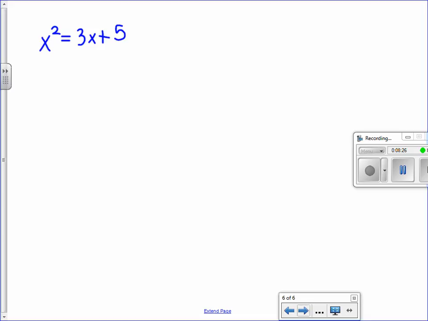So what's different about this one? It doesn't equal 0. They've got to equal 0. They have to equal 0. So what can you do to make it equal 0? Move it over. Subtract 3x, subtract 5. You have x squared minus 3x minus 5 equals 0. Now you're ready to go. Now you can do some math.